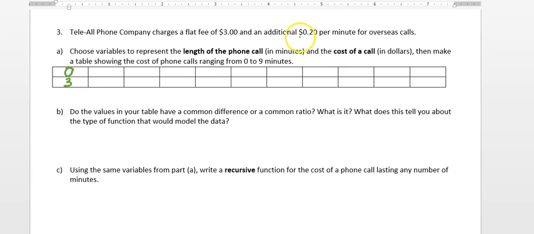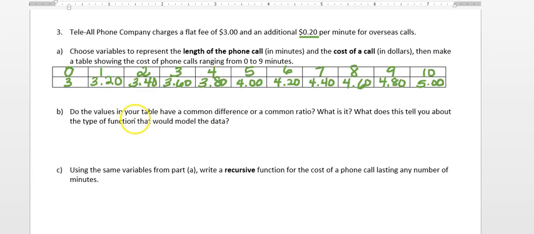It adds 20 cents for each additional minute that I'm on the phone. So after 1 minute, I've paid the $3 plus I paid 20 cents. So that would be $3.20. And then for 2 minutes, that would be $3.40, and that'll keep going up. So go ahead and pause the video and fill that table in.